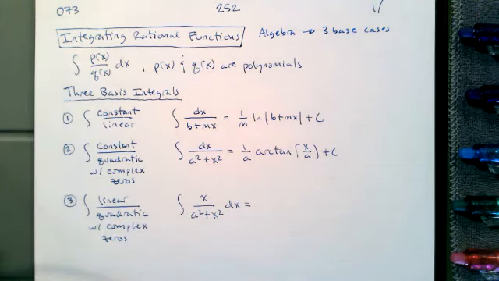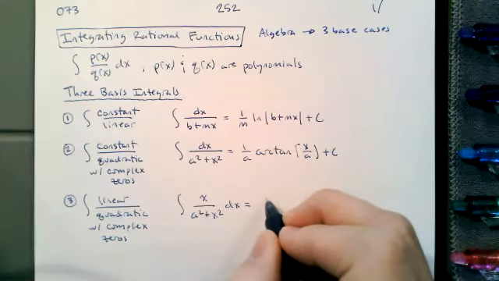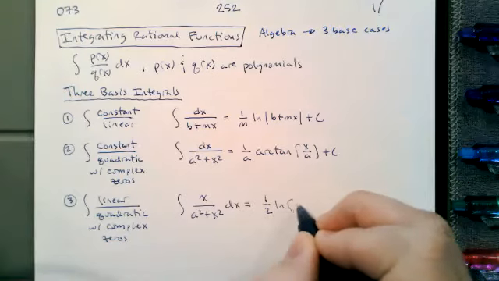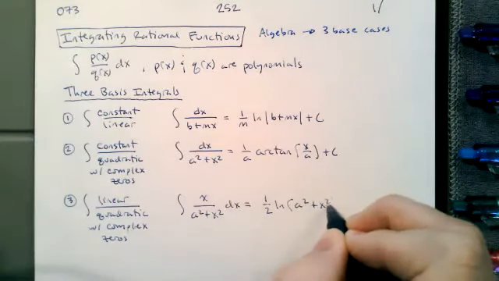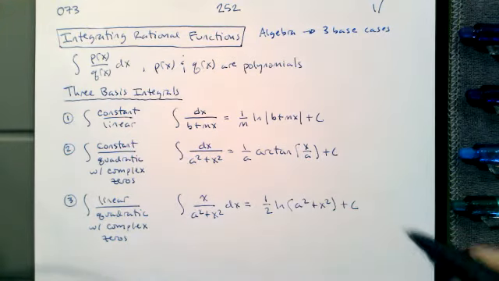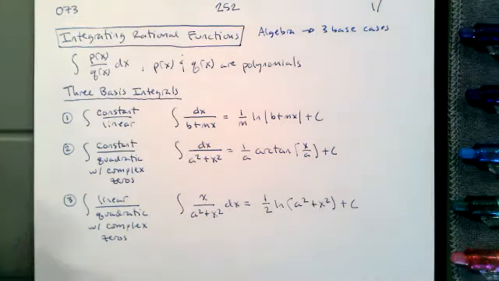So when we have a linear over a quadratic with complex zeros, this is going to bring natural logs, just like with the constant over linear. If the derivative of the bottom is equal to the top, or is a constant multiple of the top, then we'll have a 1/2 natural log of a squared plus x squared plus c. Really, it's these two that we care about.